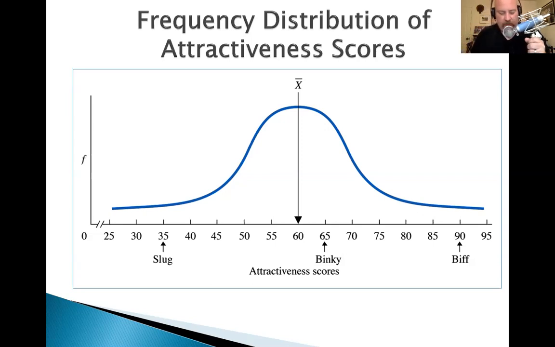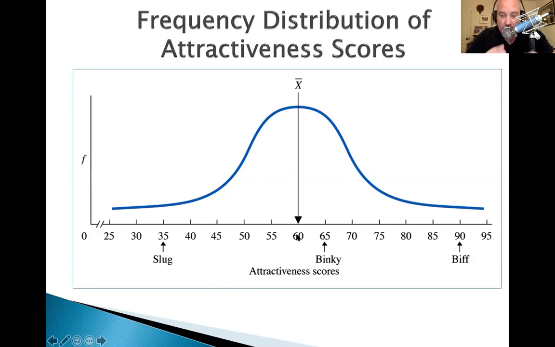What we're looking at in this distribution is attractiveness scores. If we look at the x-axis, there were no scores between 0 and roughly 25. It's probably a 100-point scale, my guess, if we have numbers this big.